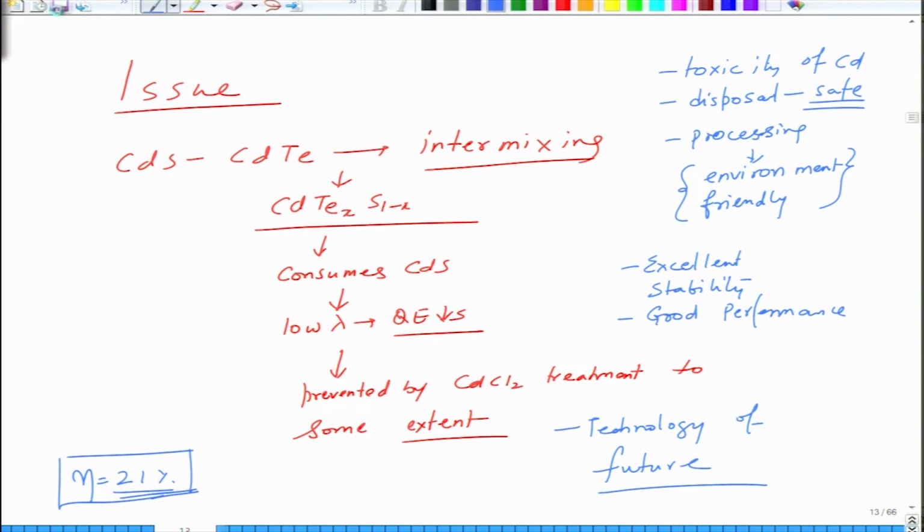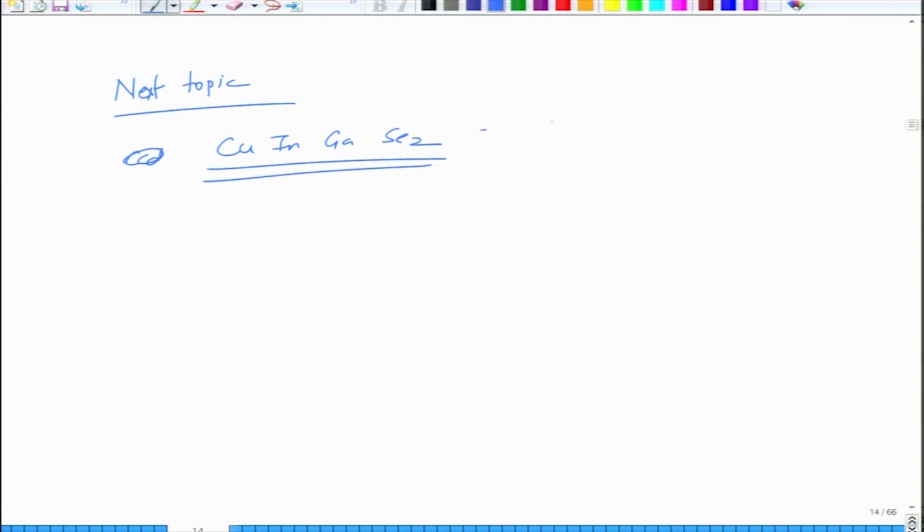So this is where we stand today, discussing CdTe solar cells completely. Next we move on to the next topic, which will be a discussion on copper indium gallium selenide solar cells, called CIGS, another important thin film technology which has a lot of potential to make it commercial. Thank you.